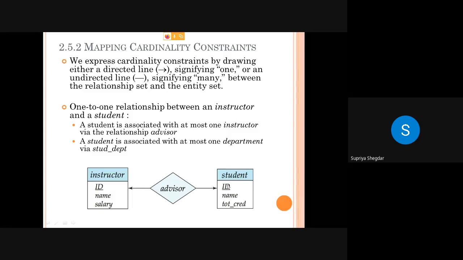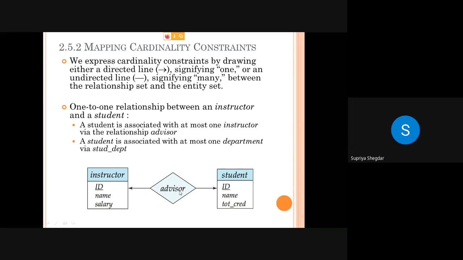Here the student is associated with at most one instructor via the relationship advisor, and the student is again associated with at most one department via the student department. If the department entity set is there, and between student and department, student department is the relationship, then again we can represent it with one to one. For every student at most one instructor is there, meaning one student and one instructor.